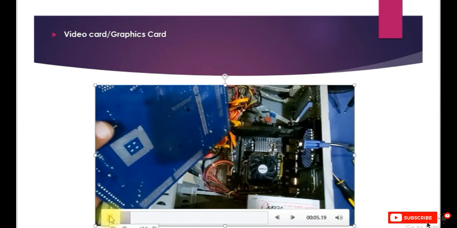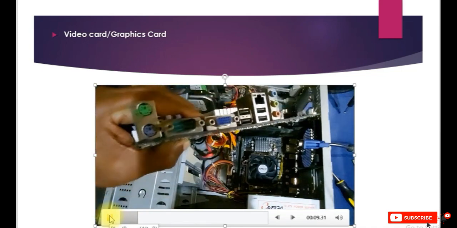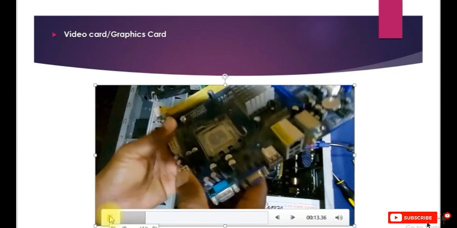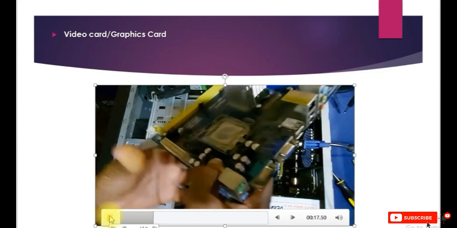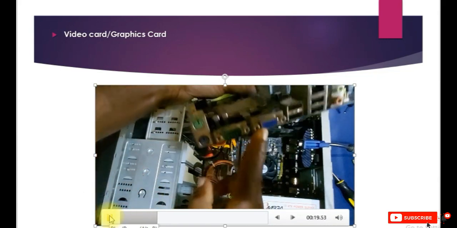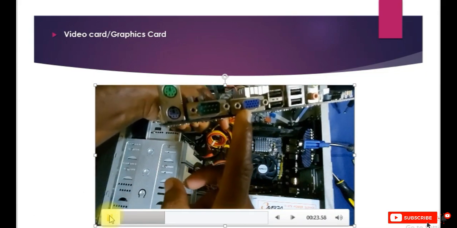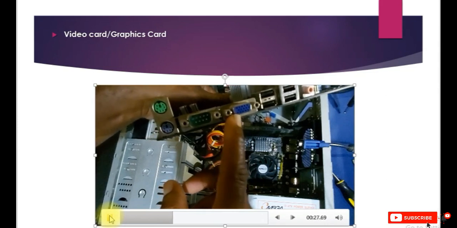So the images have to be processed and sent to the screen for us to be able to see them. Now, the device that is responsible for doing that is this thing here, which is a video card or graphics card. Same component, two different names.